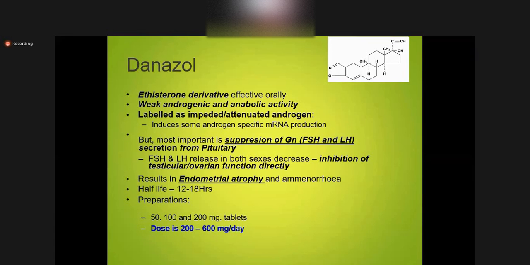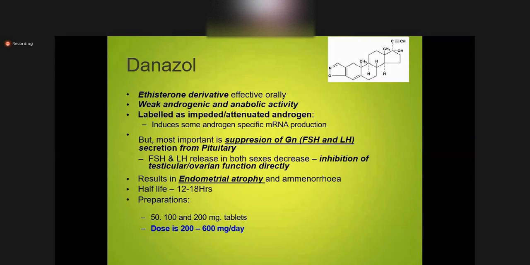But the important part of this drug's action is the suppression of gonadotropin releasing hormone, and related FSH and LH release. They actually act on the pituitary gland, and this drug inhibits the secretion of FSH and LH. And once luteinizing hormone is decreased, the testosterone function is also reduced.